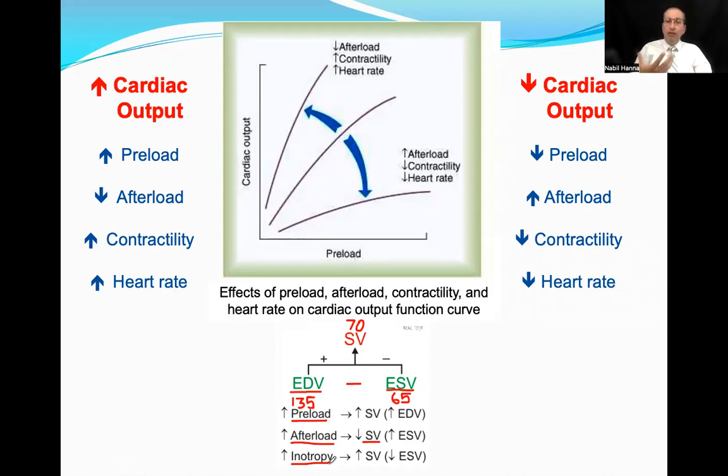So when you increase inotropy, when you increase the contractility as in exercise, the stroke volume gets higher, and consequently the end systolic volume gets lower. It's kind of a triple relation between these three values: end diastolic, end systolic, and stroke volume.